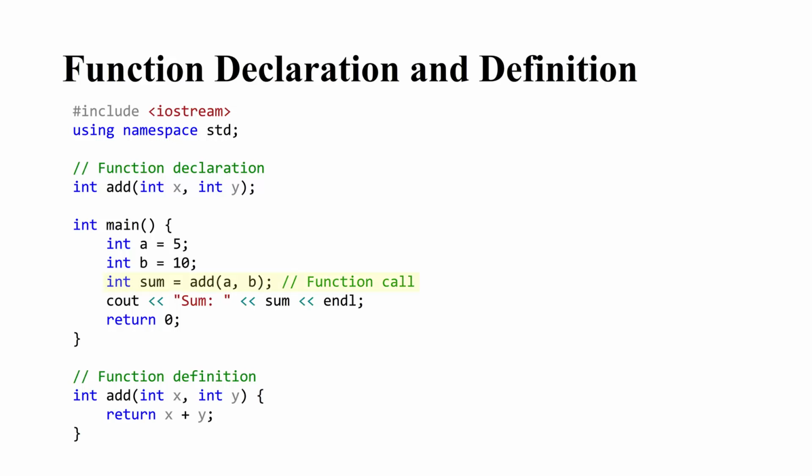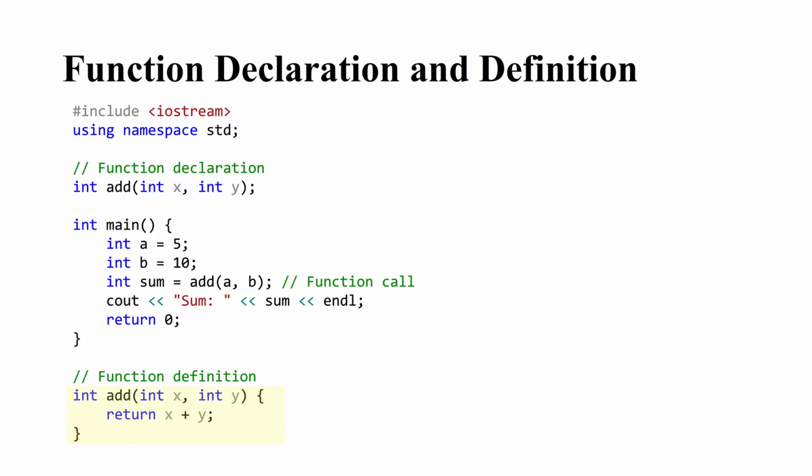int sum = add(a, b); This line calls the add function with the values of a and b as arguments. The control flow transfers to the add function.